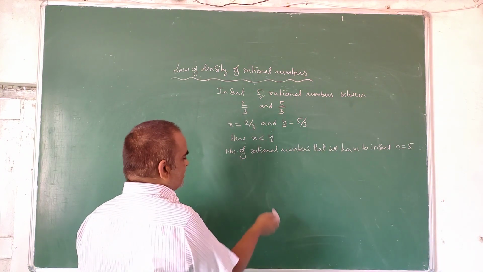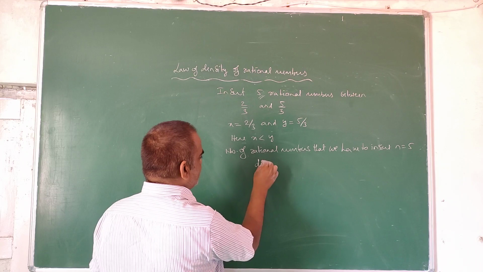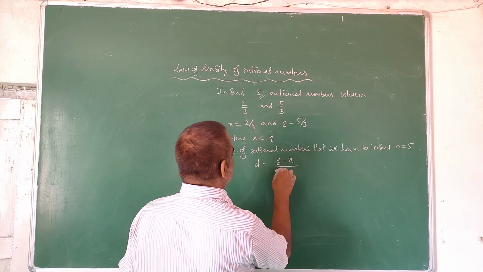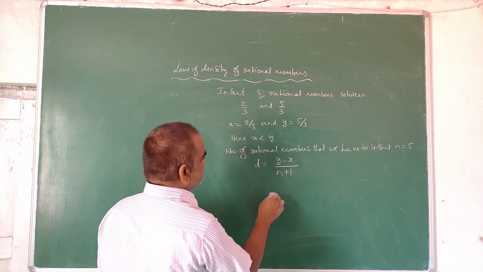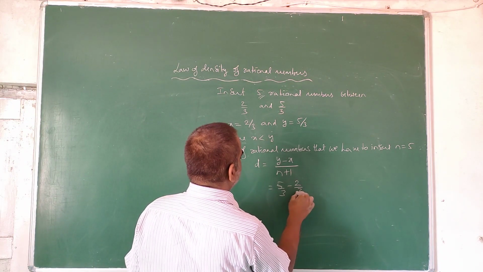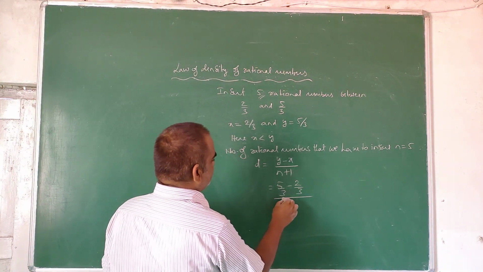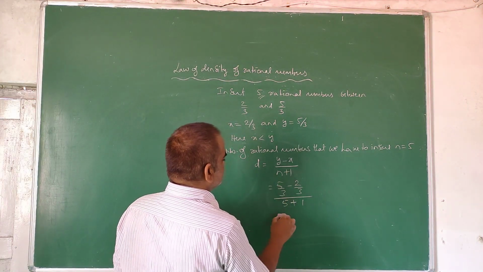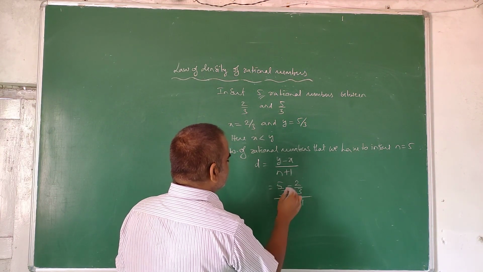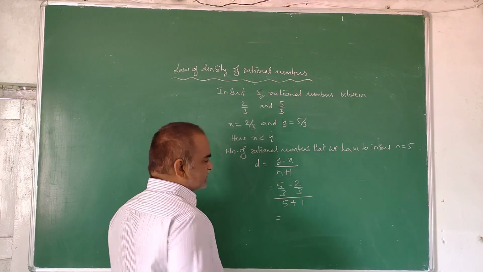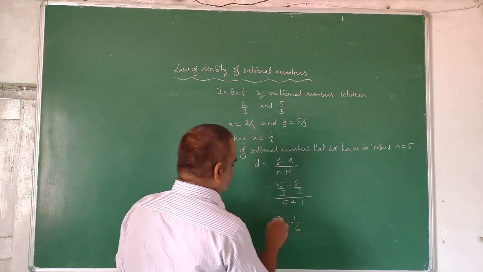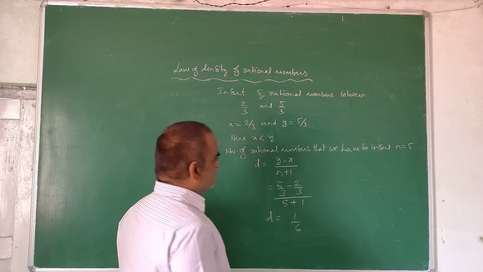As I just discussed, we have to first find d. d is equal to (y minus x) by (n plus 1), which is equal to y is 5/3 minus x is 2/3 by n is 5 plus 1. So this is 5/3 minus 2/3, which is how much? 3/3, right? 3/3 is 1. So it is 1/6. So d you can take as 1/6.